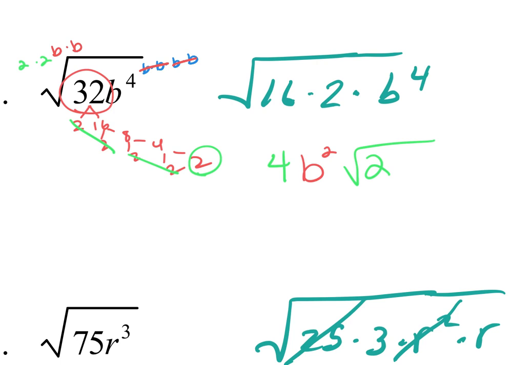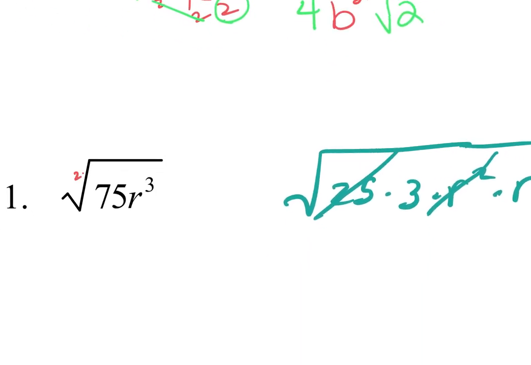Now the shortcut on that, if you want to try it, is you take the index and divide it into the exponent. Because that square root is a 2, 2 goes into 4 twice, that's how many b's come to the outside. If you do that trick with number 11, 2 goes into 3 once, so 1r is going to come to the outside, but then there's 1 left over, which means it stays underneath.